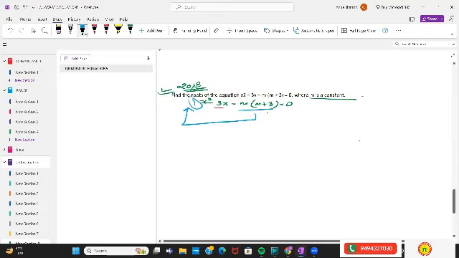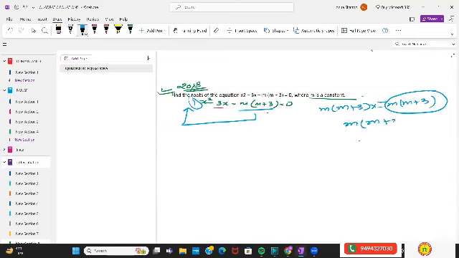And coefficient of x square is 1 only. So m into m plus 3 into 1, it will be m into m plus 3 only. Right, beta? Yes, ma'am. Now, you have to make factors of this. So what do you mean by this m into m plus 3? It means m multiply m plus 3.